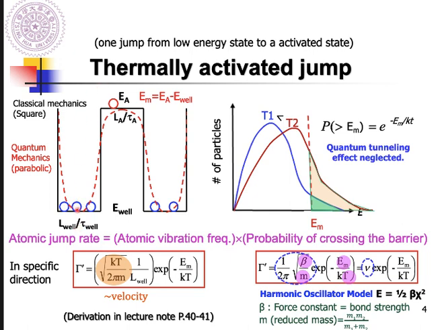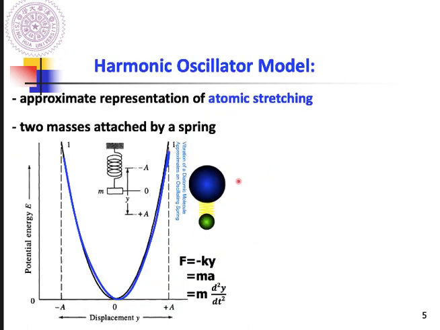Each atom is independent, so it can make an independent movement. But in quantum mechanics, or the harmonic oscillation model, we consider two atoms attached together by a spring. You can consider a spring. So the behavior will be like this.